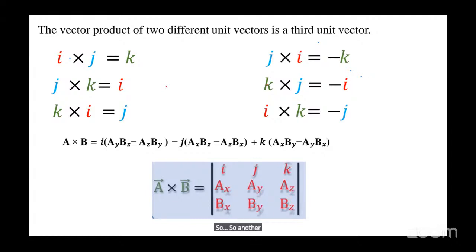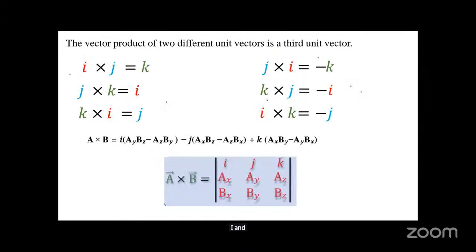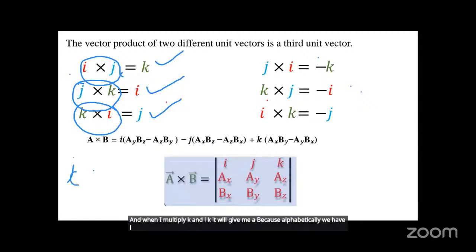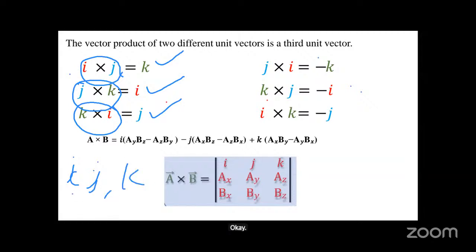another thing you need to know for cross product. When I multiply I and J, it will give me a K. When I multiply J and K, it will give me an I. And when I multiply K and I, it will give me a J. Because alphabetically we have I, J, K. So I before J before K, it goes in that circle.